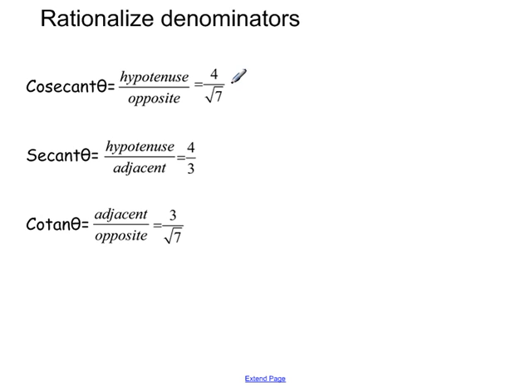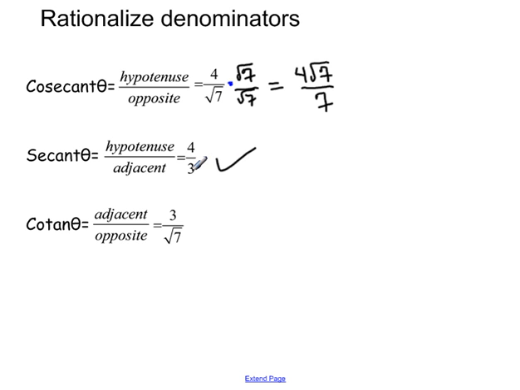That means we have to multiply the numerator and the denominator by the radical in the denominator. So we have to multiply the numerator by radical 7 and the denominator by radical 7. And that's going to give us 4 radical 7 over 7. This is fine.